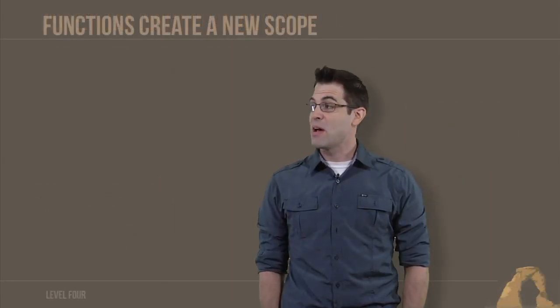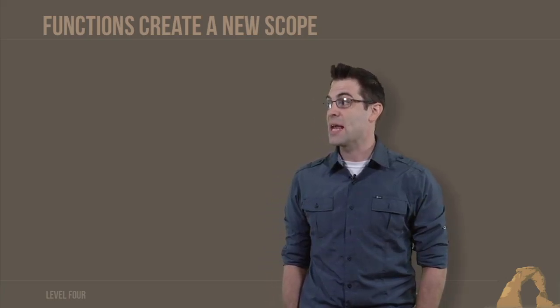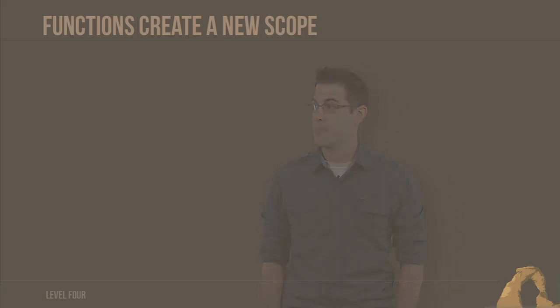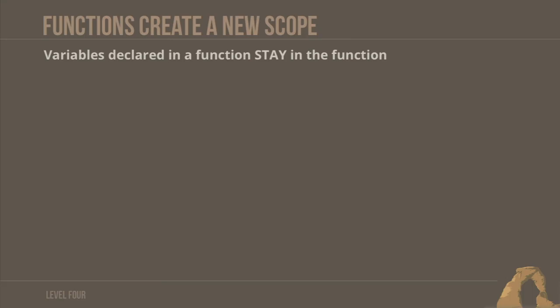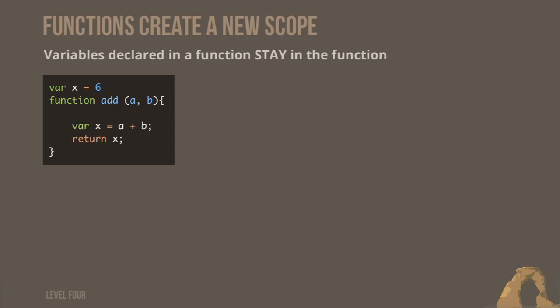An important thing to know about functions is that they will always create a new local scope. The variables that are declared inside of a function will stay in that function. So let's take a look at this tiny snippet of code here, where outside the function we declare a variable x and set it equal to 6.